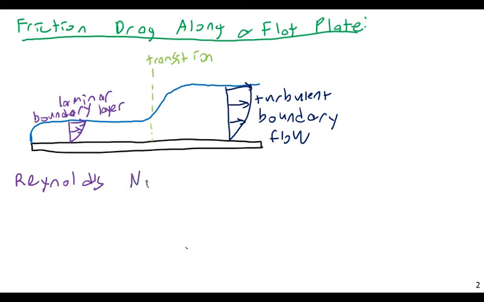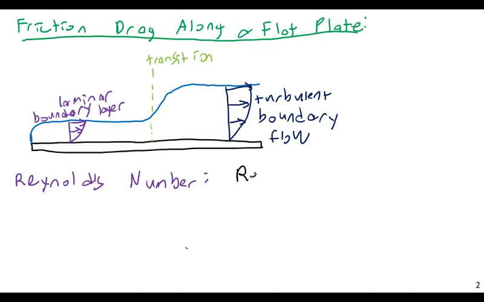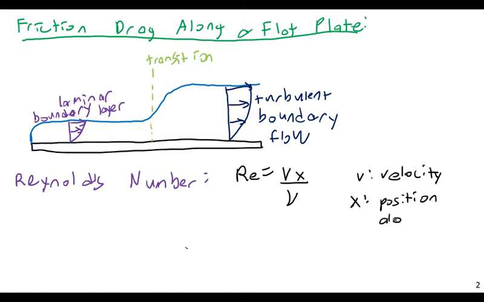The Reynolds number can be something to the effect of this. This may not be the exact form, but something like this: the Reynolds number is equal to Vx divided by nu, where V is the velocity, x is the position along the plate, and nu is the kinematic viscosity.